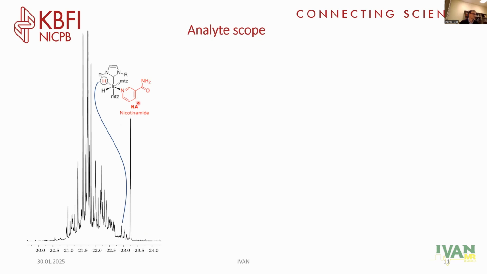And this here, nicotinamide, in this particular urine sample was about 15 micromolar. So if you look at the signal to noise here, we are safely above the limit of detection on a 15 micromolar sample. So probably you can guess what these here are.